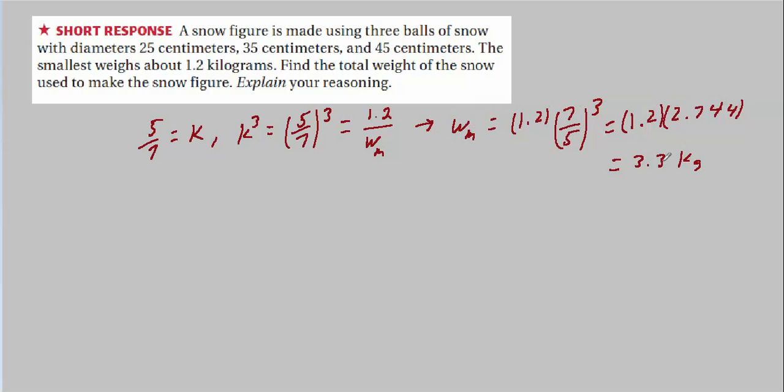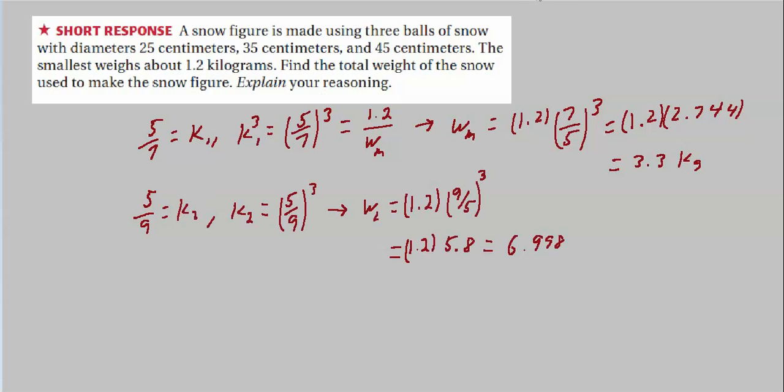Okay, what about the large one? Well, we get k is 5 over 9, right? 25 over 45. Maybe I should have called this k1. We'll call this k2. So if we do exactly the same thing one more time, we get that the second scale factor going from the smallest snowball to the largest snowball is 5 over 9.